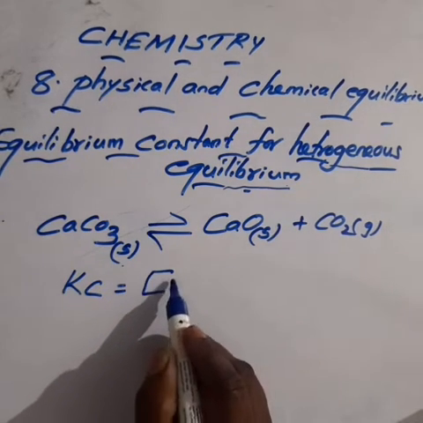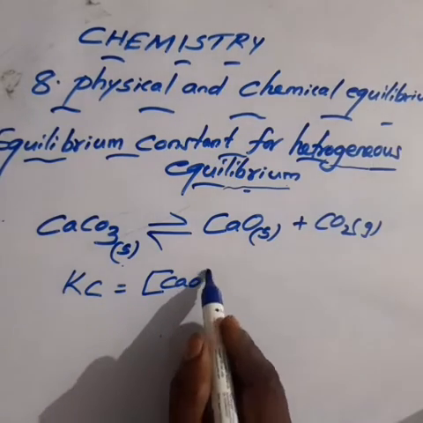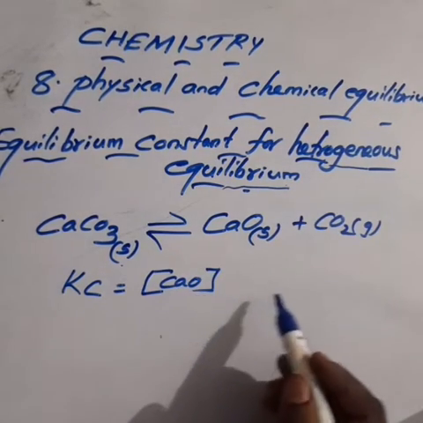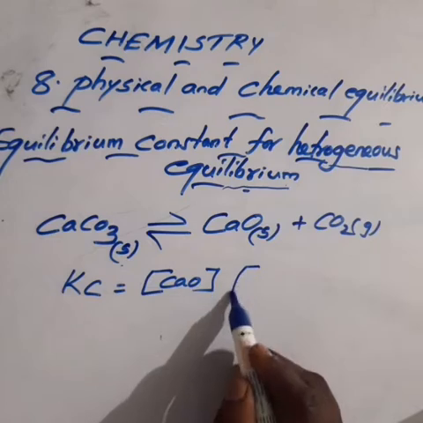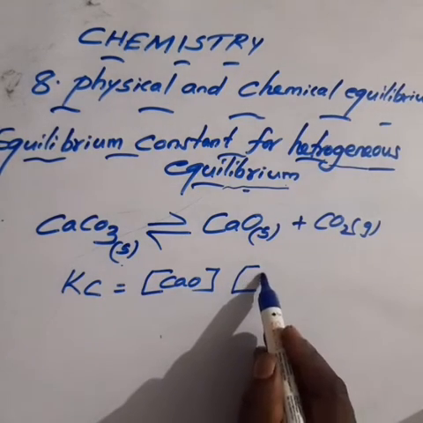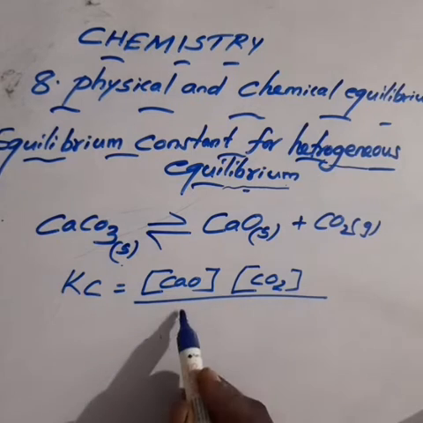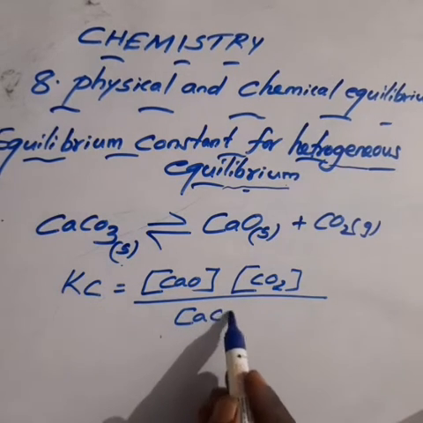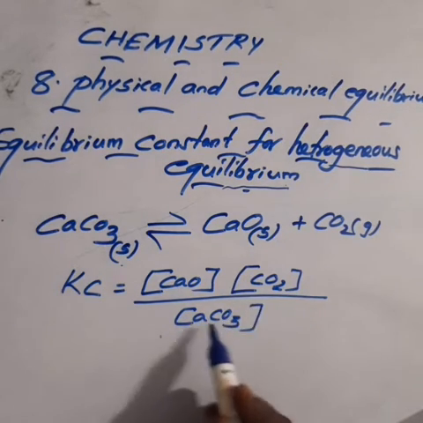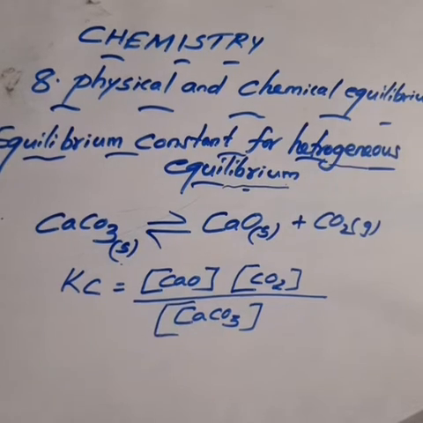The active mass of calcium oxide, CaO, and CO2, divided by calcium carbonate, CaCO3.